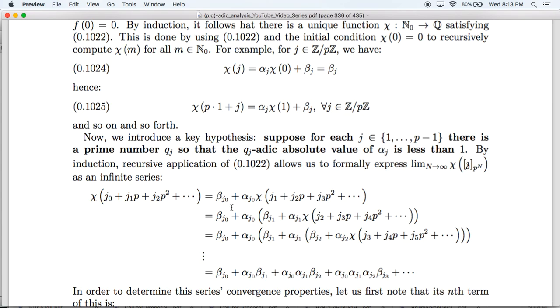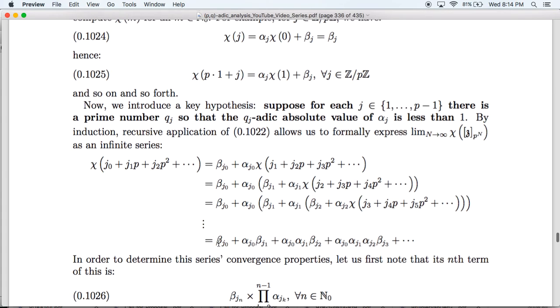This is then beta j0 plus alpha j0 times all of this, which is then beta j0 plus alpha j0 times beta j1 plus alpha j1 times all of this, and we get beta j0 plus alpha j0 beta j1 plus alpha j0 alpha j1 beta j2 plus and so on.